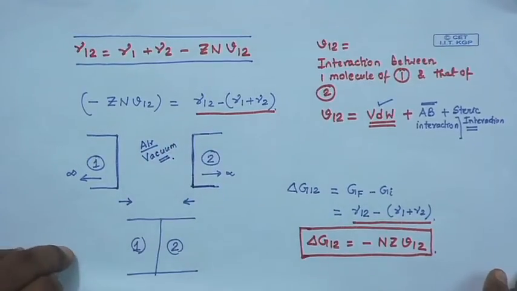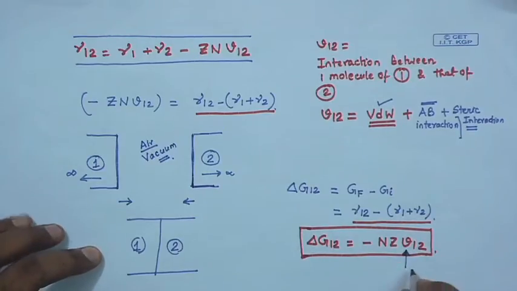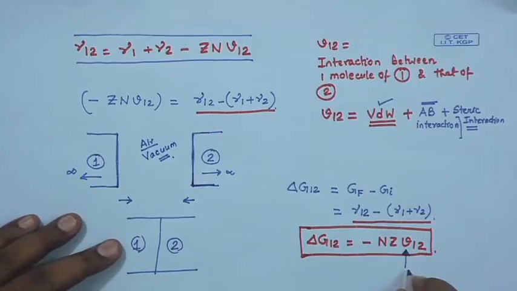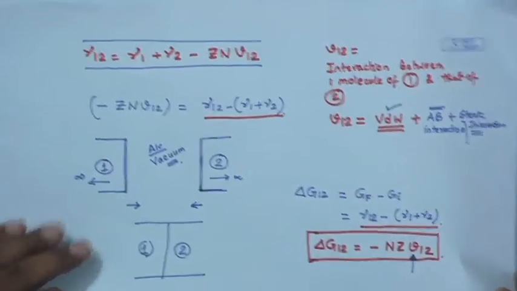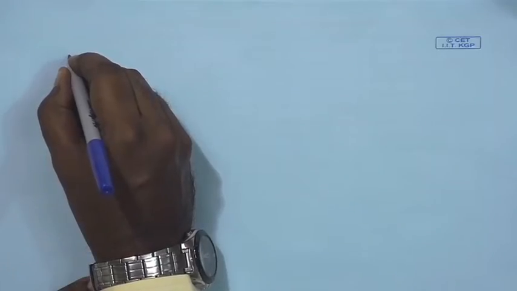Now, let us take a slightly more detailed look at the different forces that contribute to this V 1 2. Let us first assume, as we have already said, that van der Waals interaction is omnipresent. So, let us first consider only van der Waals forces.